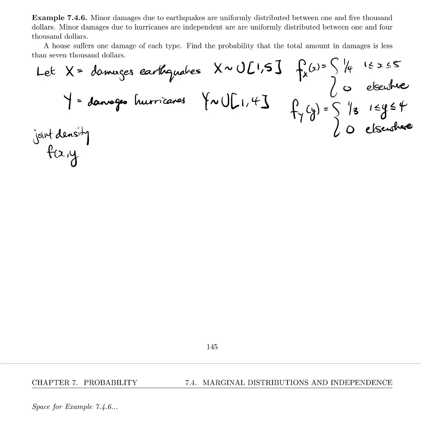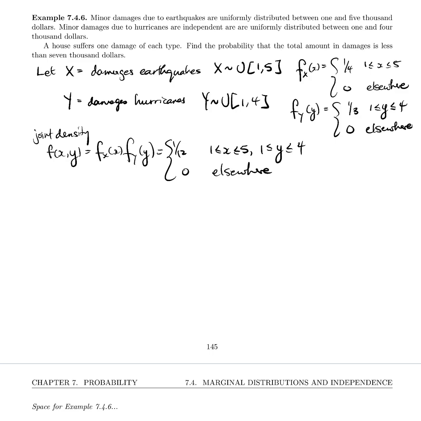So f of xy is f sub x of x times f sub y of y, which is going to be 1/4 times 1/3, or 1/12, and that is going to be on the rectangle given by the ranges of the uniform variables. So 1 is less than or equal to x less than or equal to 5, and 1 is less than or equal to y less than or equal to 4, and 0 elsewhere.